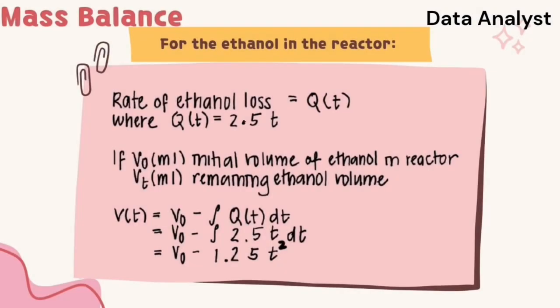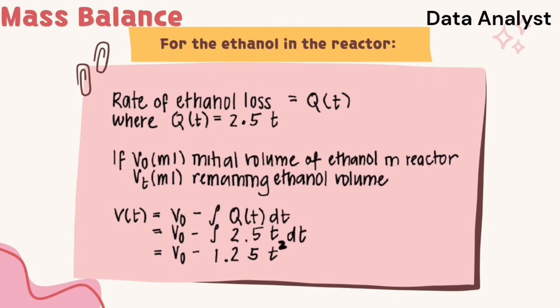Let's see how we're going to solve our problem. First, we are going to calculate the mass balance for the ethanol in the reactor. The rate of ethanol loss is equal to Q(t), where Q(t) is equal to 2.5t. If V0 is the initial volume of ethanol in the reactor, then V(t) is the remaining ethanol volume.